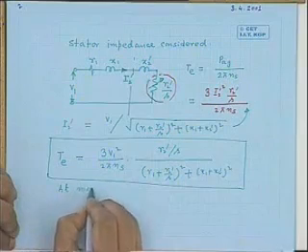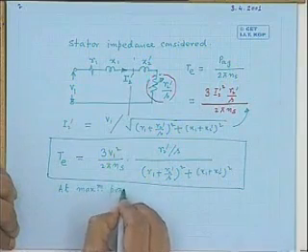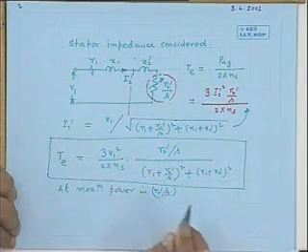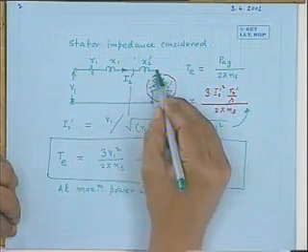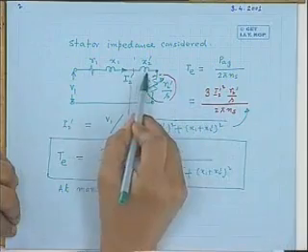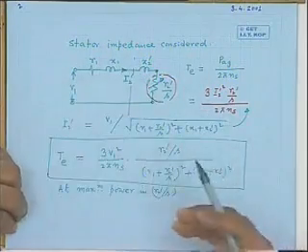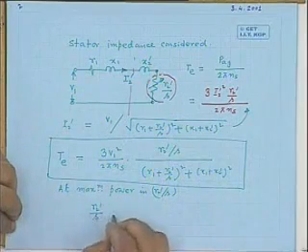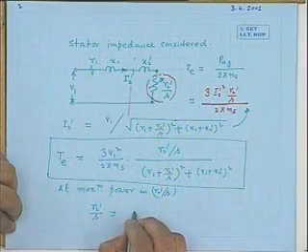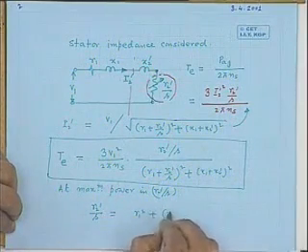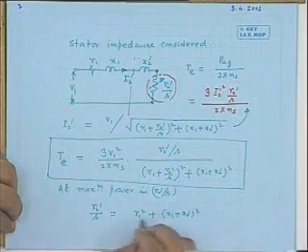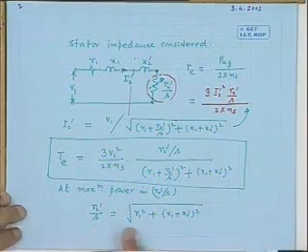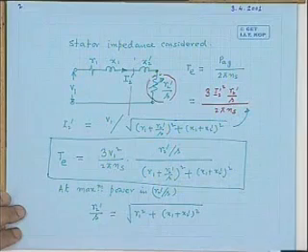At maximum power in R2 dashed by S, this resistance you consider to be the load resistance, and all other things you can include in the source side. So it is at that slip when R1 squared plus of X1 plus X2 dashed whole squared. It is this value of power.